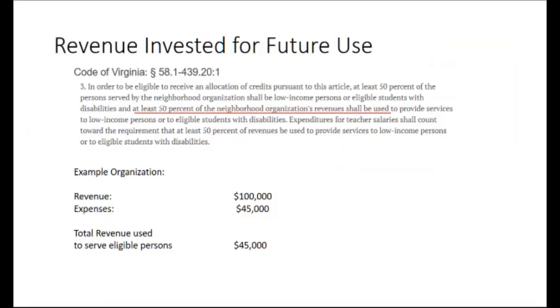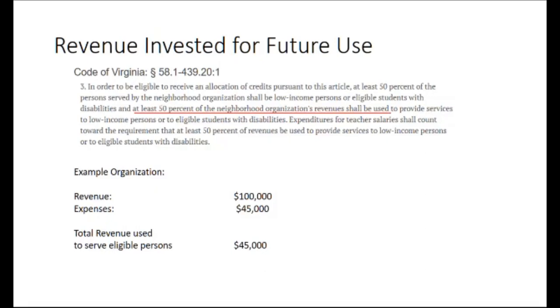Because it says 50% of the organization's revenue and not 50% of the organization's expenses, there could be a situation, and we have an example here, where let's say you had $100,000 in revenue, you spent $45,000 providing services. Now, if all of that $45,000 was being used to provide services to low-income people, you still wouldn't qualify, because 45,000 is less than 50% of 100,000 in revenue.